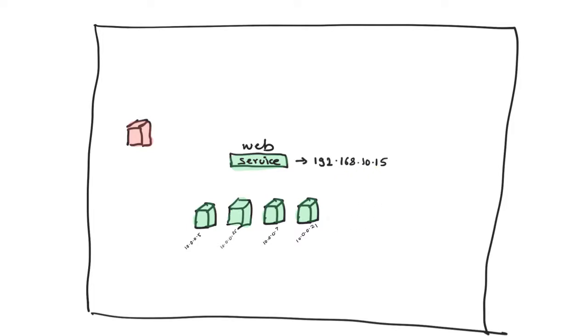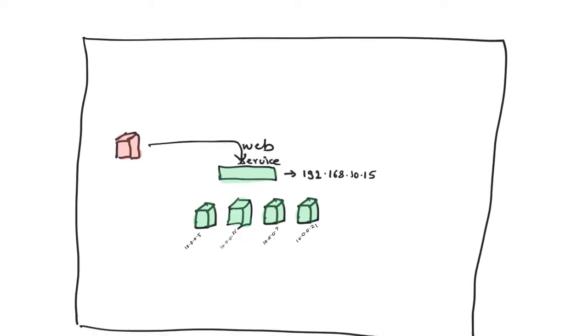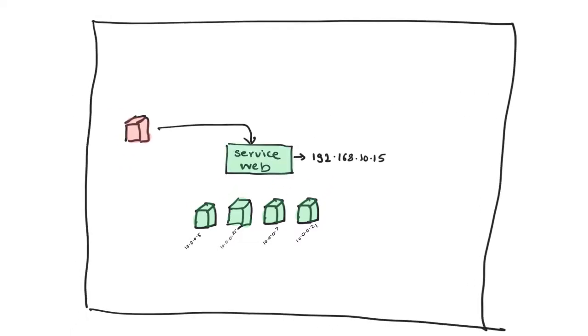So any other application that needs to connect to these web servers will now go through this service. And then the service will distribute the traffic across the available set of pods. So you can look at a service as a load balancer of sorts.